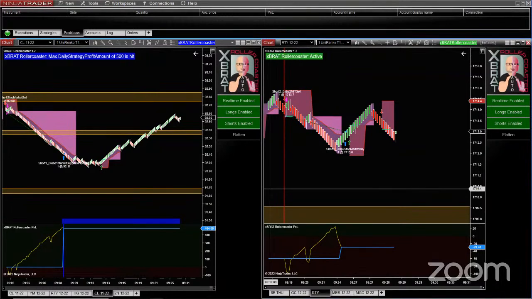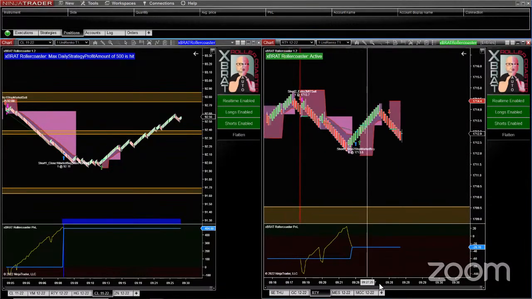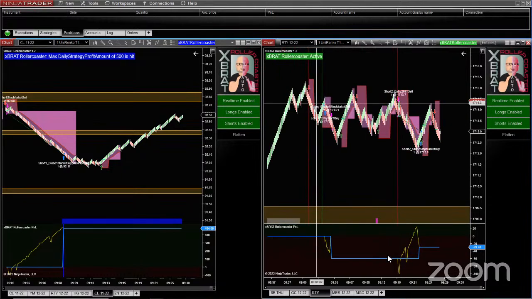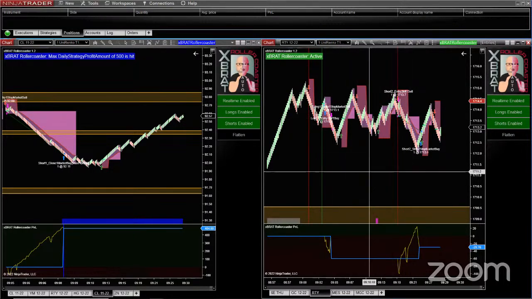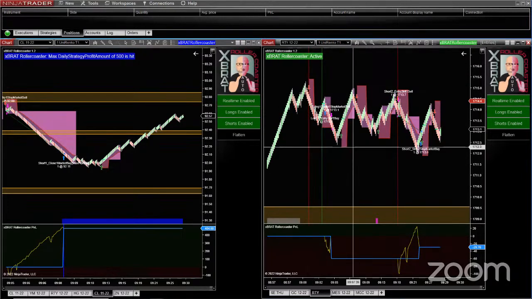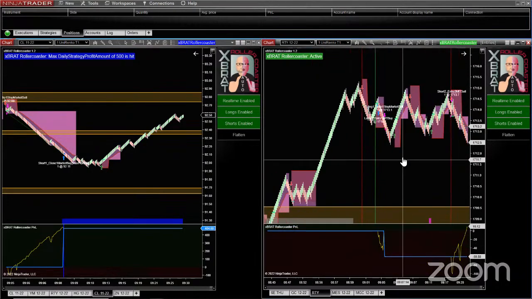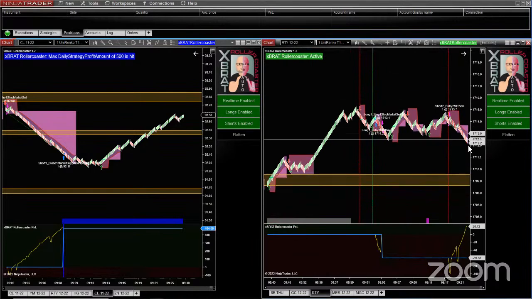So when I talk about groove for the roller coaster, you're seeing a good up and down motion. This is not a good groove because we're in an up and down motion, and we've had one loser and some winners in there, but there are no big moves like this oil. We're not going from one support and resistance zone to another.